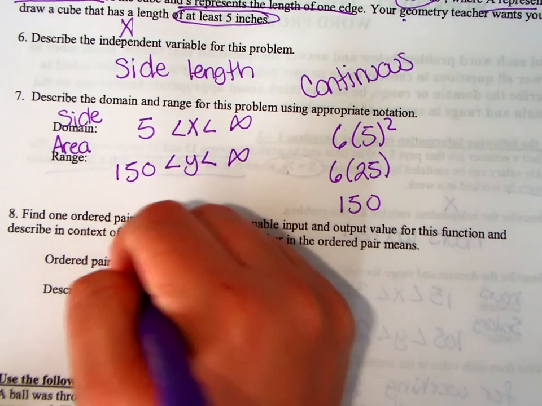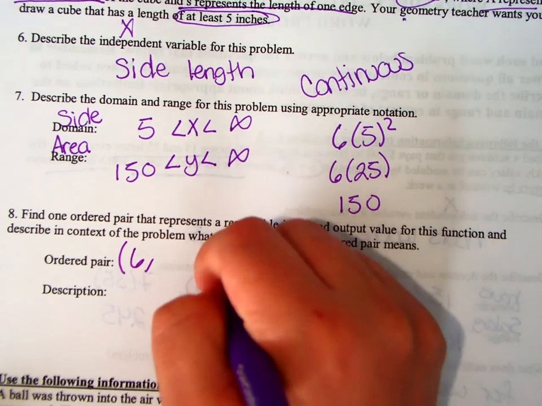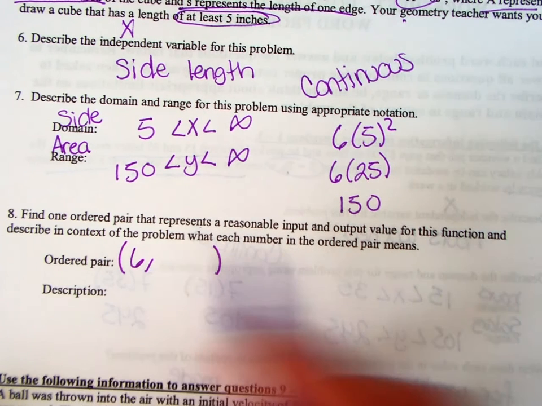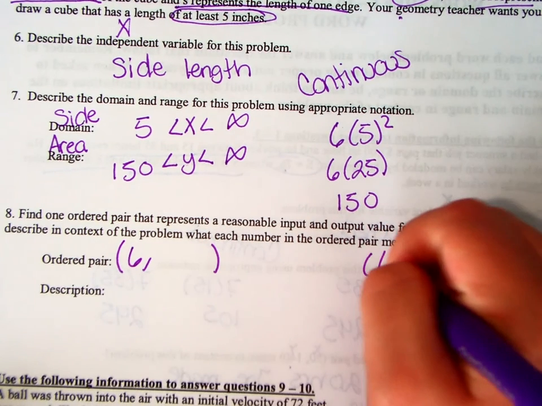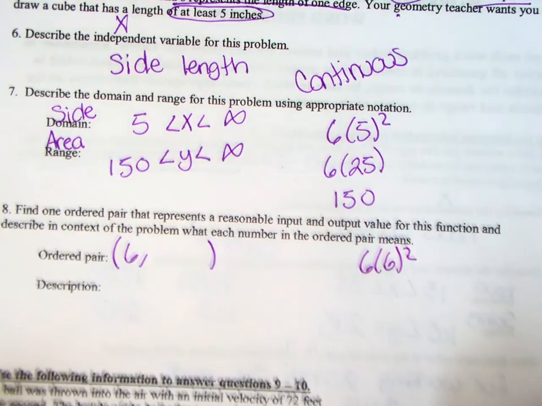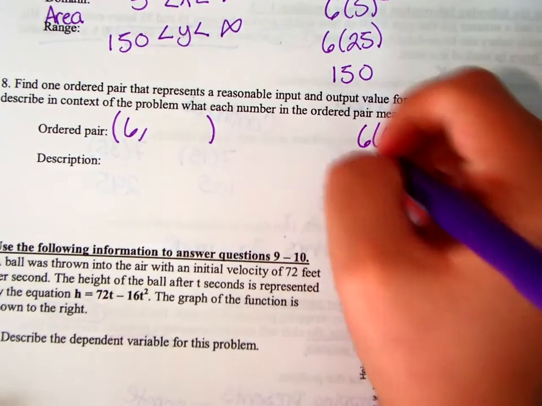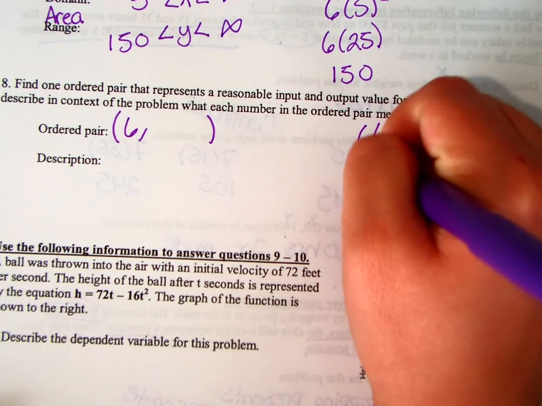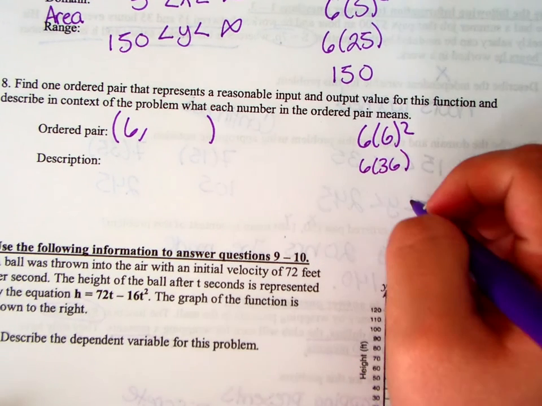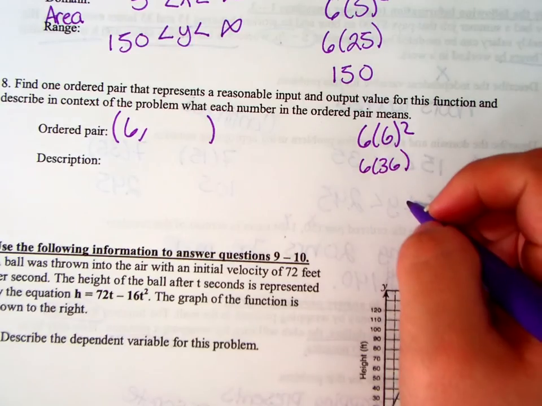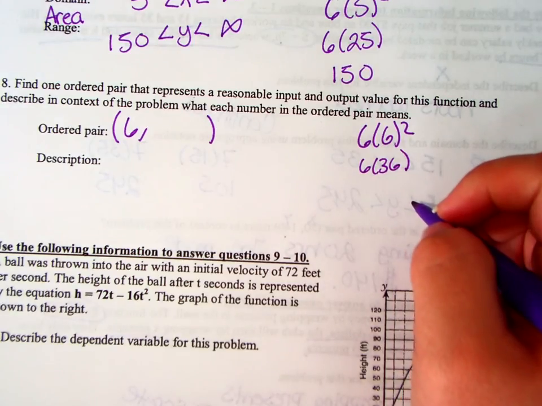So 6 comma, now we need to find that y value. So use your formula. What is 6 times 6? And then 6 times 36. 216.